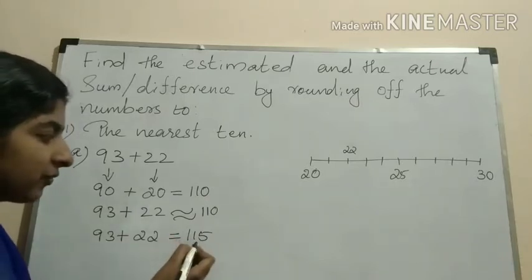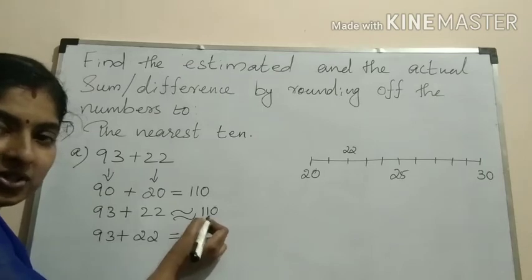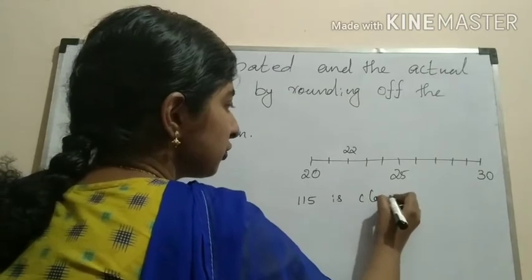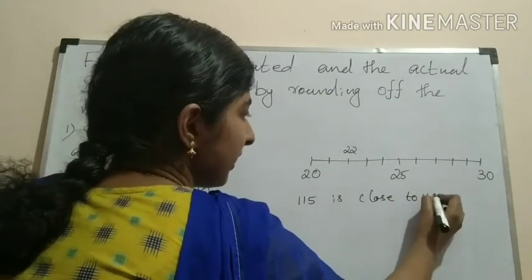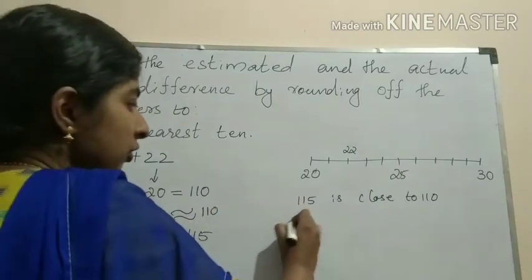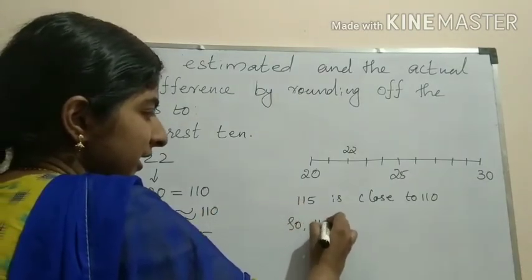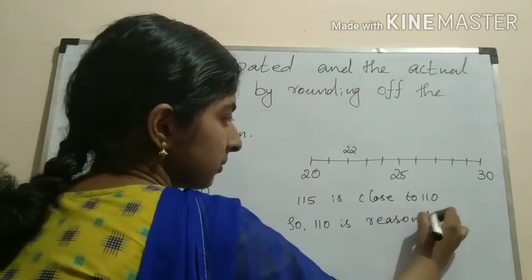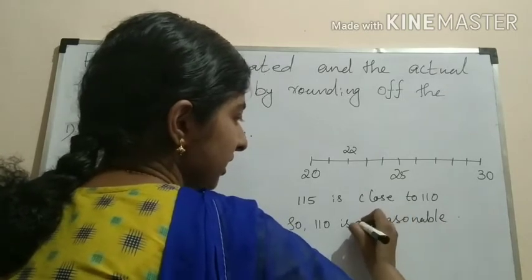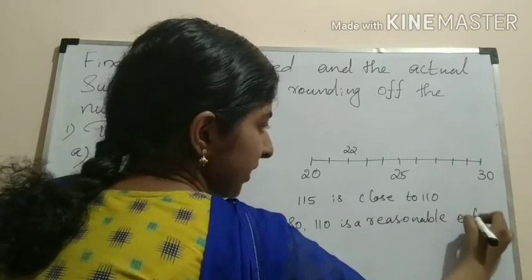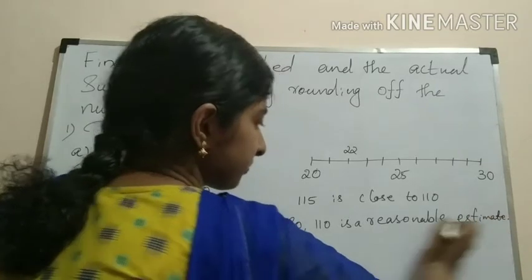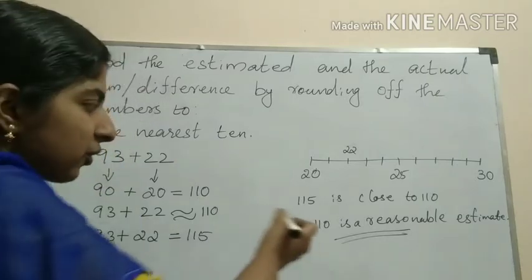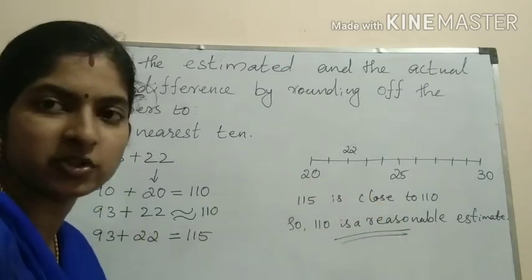So this 115 is close to 110, isn't it? 110 is a reasonable estimate. Reasonable means convenient. Okay.